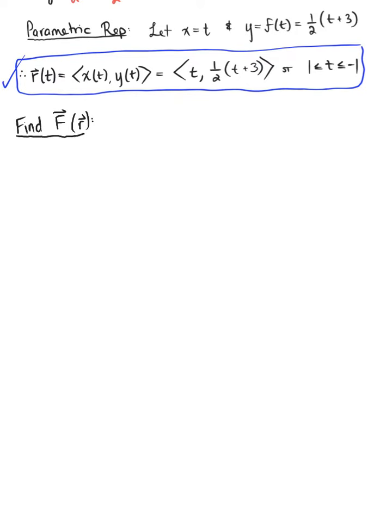So let's keep in mind, what were we given at the start? We were given the vector field, capital vector F, defined as 3x squared y squared. Then we have 2x cubed y minus 4. So we are going to replace each one of these x's and y's with the parametric representation we found above.